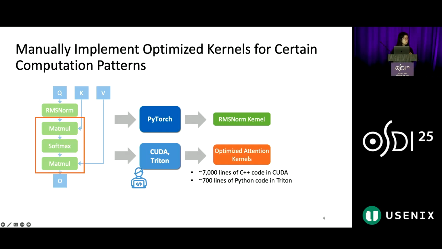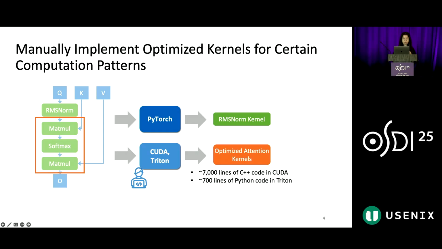In this example, the first operator is still mapped to a separate normalization kernel, but the last 3 operators form the popular attention computation. So people manually implement the optimized attention kernels with thousands of lines of C++ code in CUDA or hundreds of lines of Python code in Triton. The hand-optimized attention kernel has a high performance, but it also requires a large amount of engineering effort.